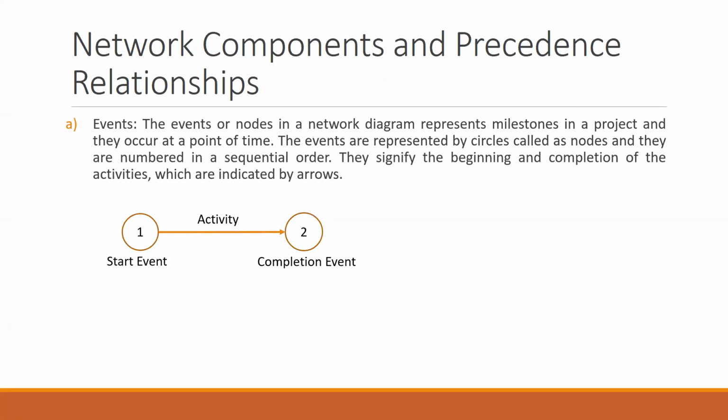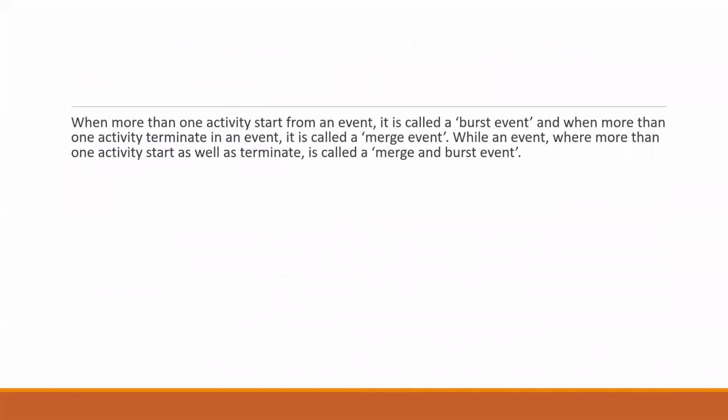So there can be multiple activities that start from a particular node. This concept is known as a burst event. I'll just show you the diagram here. In the first diagram which I'm showing you, from one node there are two activities beginning. It is referred to as a burst event.